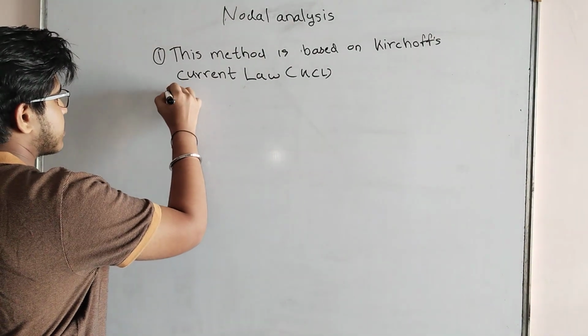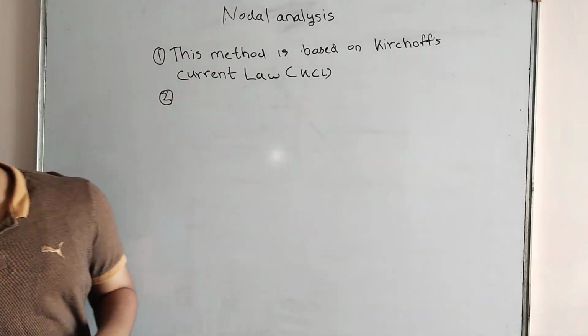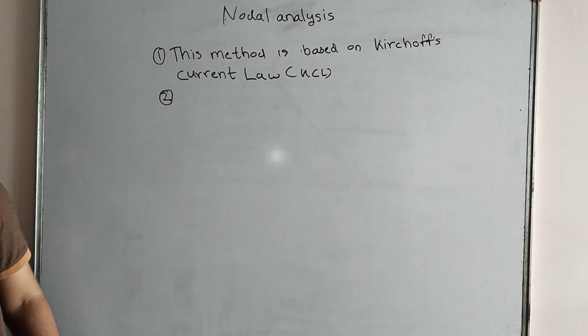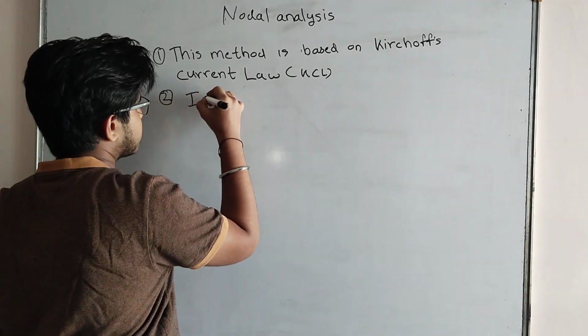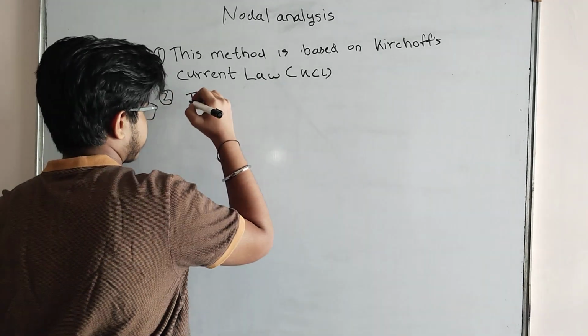So moving on to the second point. The second point states that first the node voltage is determined and then the current is determined. So I will just frame it in a good sentence.